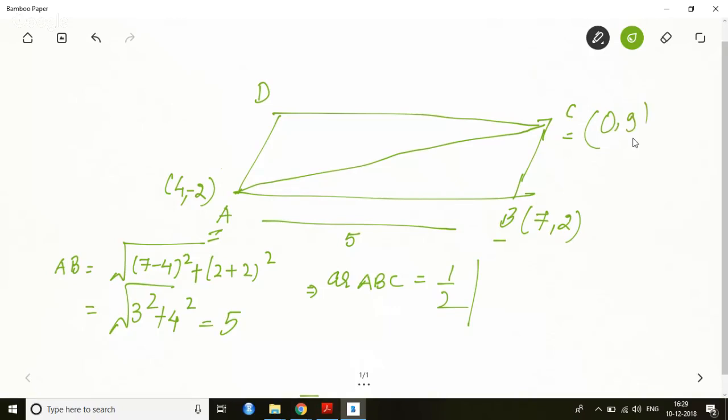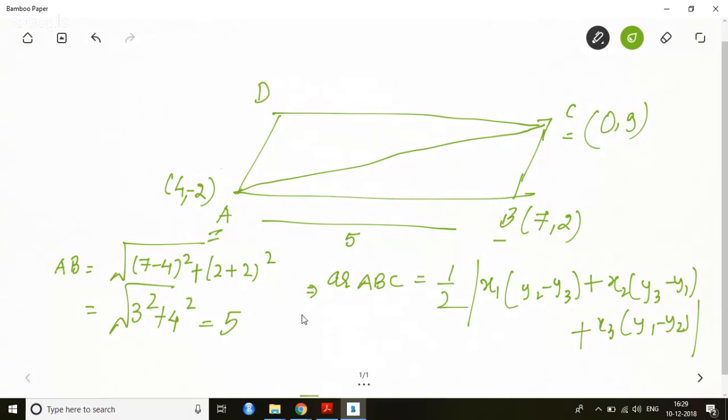Great. So it would be x1 (y2 minus y3) plus x2 (y3 minus y1) plus x3 (y1 minus y2).